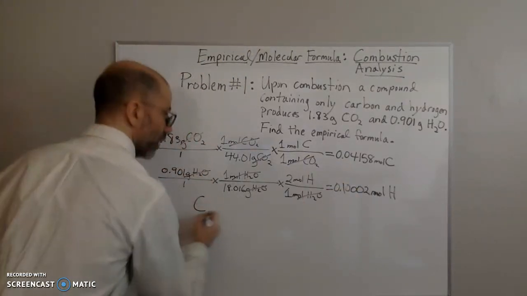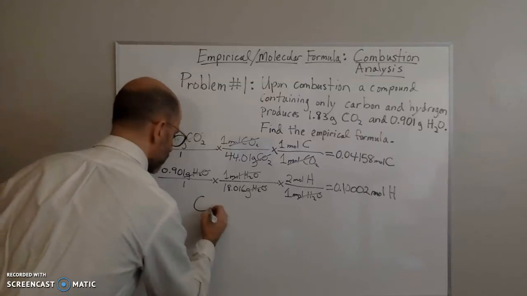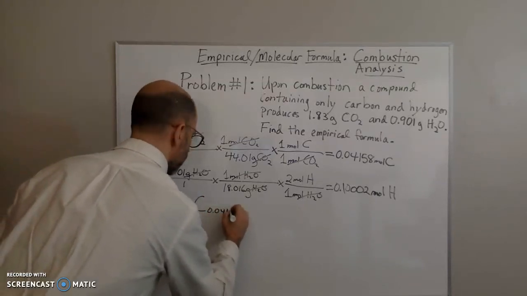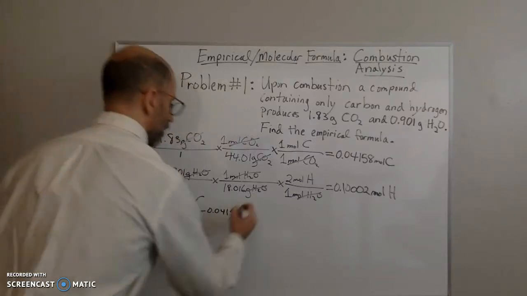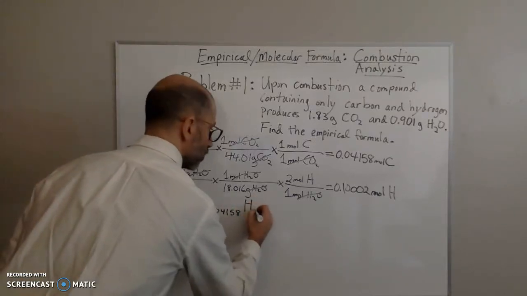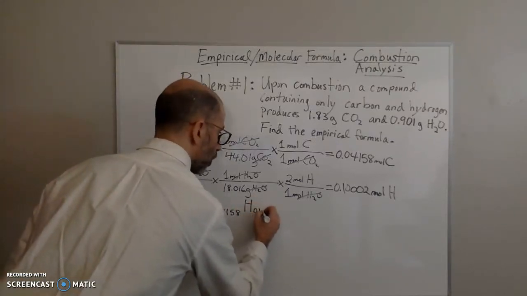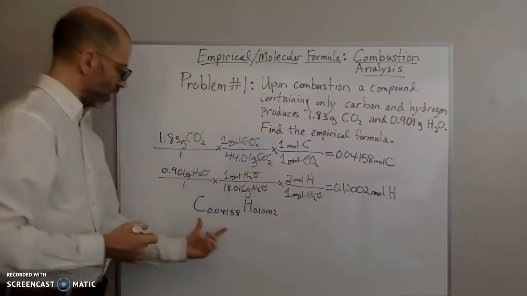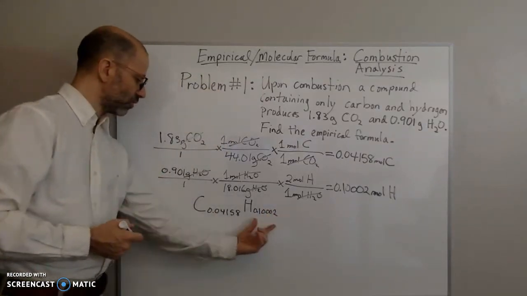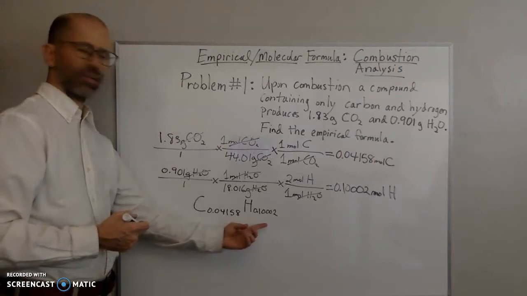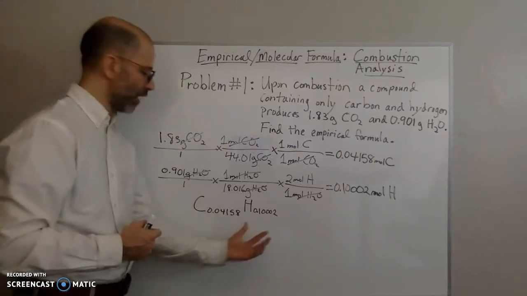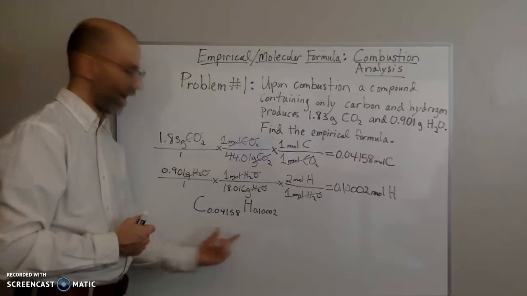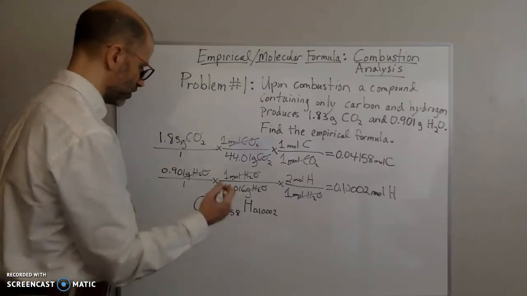So I'm going to have carbon with 0.04158, and then hydrogen with 0.10002. These are the moles of carbon and hydrogen. Now I need to find the mole ratio between these two, so I'm going to divide by the smaller number, which is this one.